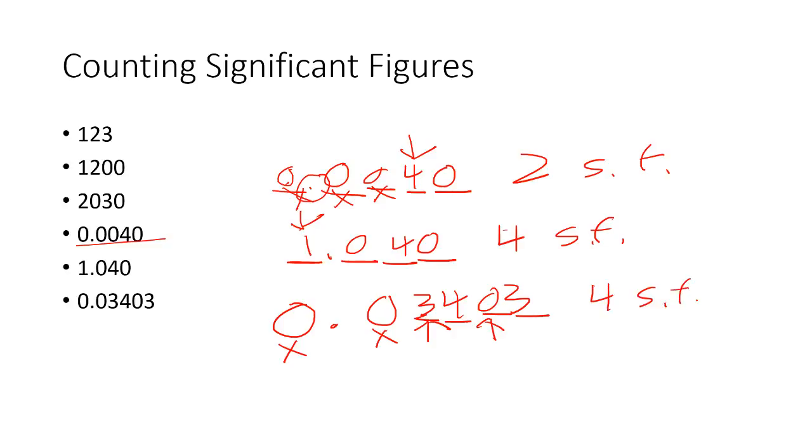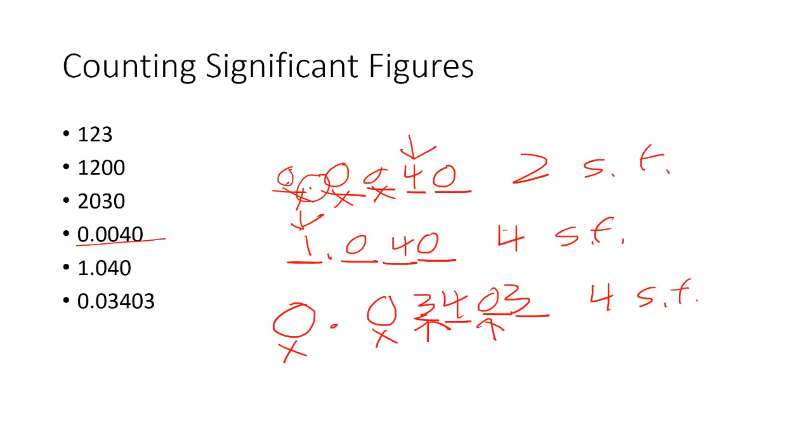I note that this is a slightly different way than I worded it in class, and hopefully this way makes a little more sense. We're looking at whether we have a decimal place or not. If there is no decimal place, we only count zeros that are between two significant figures. That means two non-zero numbers. If there is a decimal place, that means we're going to look for the first non-zero significant figure.